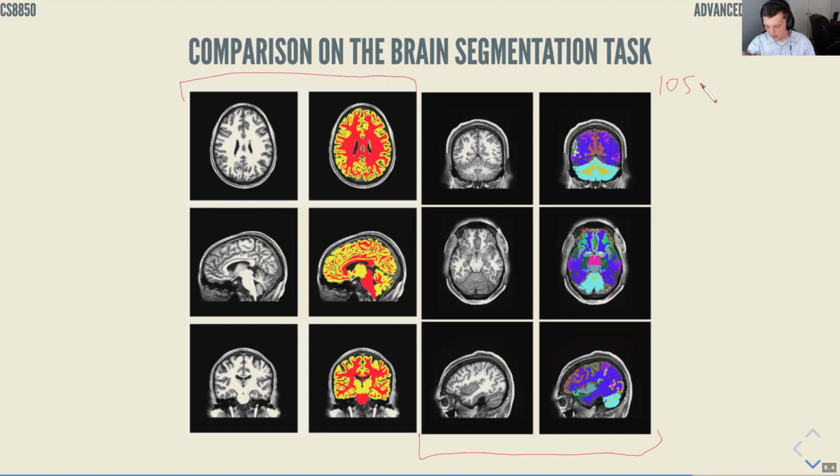This is to Nikhil's question. How do we get people to sit down and label this for us, and remember, those are 256 cubes, enough so that we can get usable data to train a model? Well, it's very difficult, we couldn't.